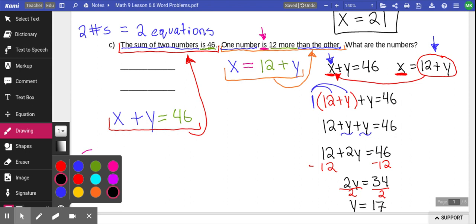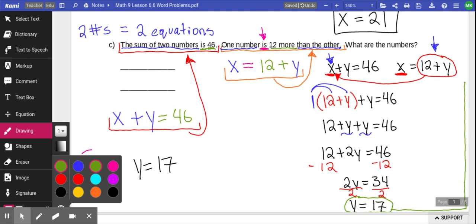Awesome. Now, we've only solved one of the letters. We know that there's two letters in this question, right? There's x and y. The only thing we have figured out is that y equals 17. To get my second answer, I take this information of y equals 17 and put it back into one of the other equations.